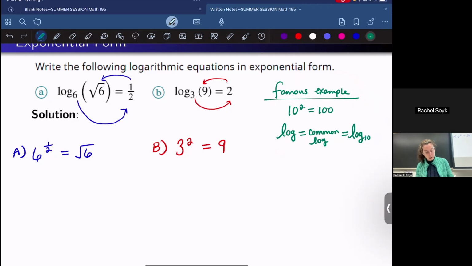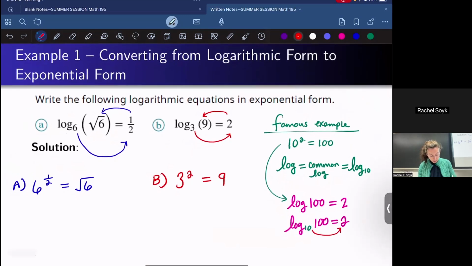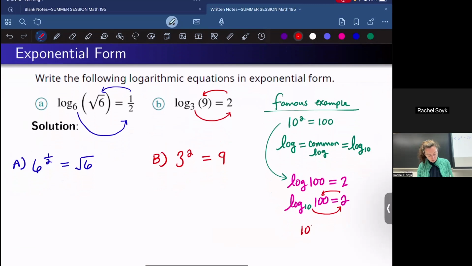And so when we look back at 10 to the 2nd is equal to 100, this is just log of 100 equals 2, also known as log base 10 of 100 equals 2, aka 10 to the 2nd power equals 100, coming full circle.